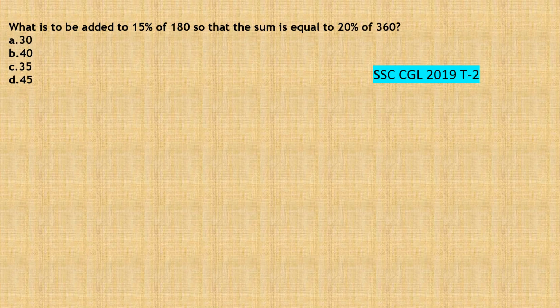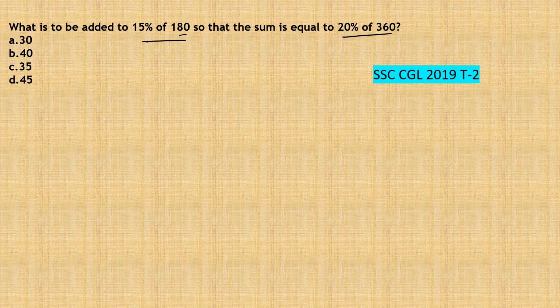What is to be added to 15% of 180 so that the sum is equal to 20% of 360? How much value is added to the 15% of 180 so that the sum equals 20% of 360?